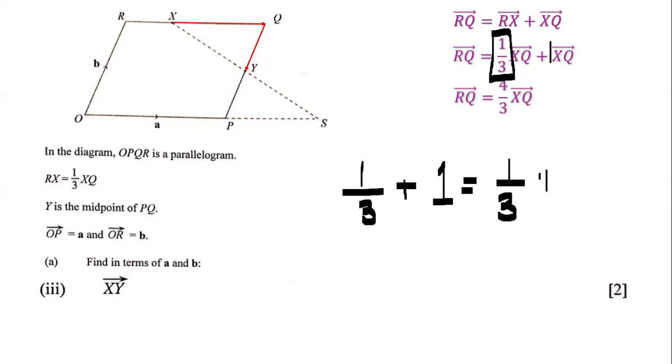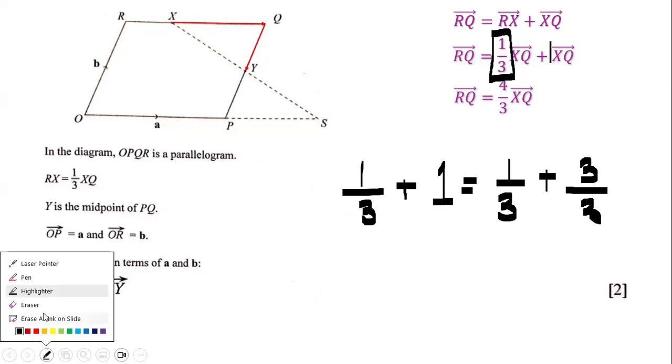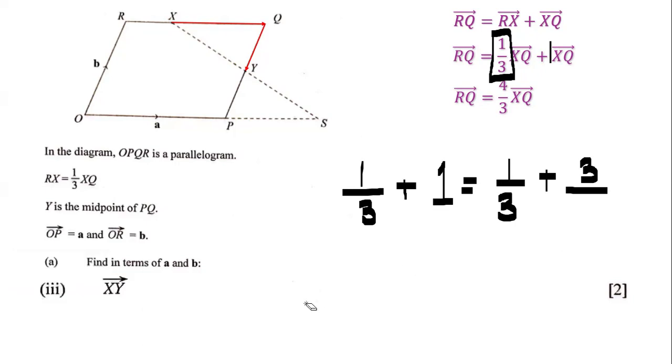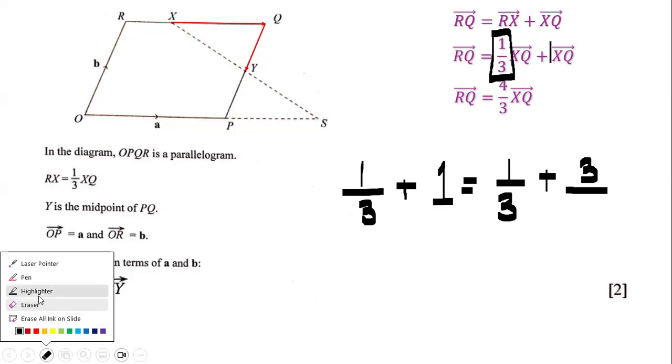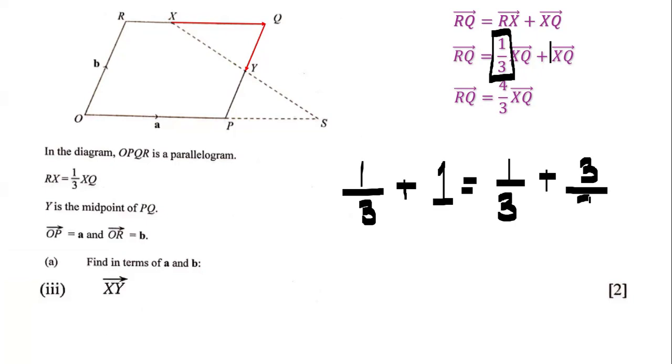We could express a whole as 3 over 3. So we have 1 over 3 plus a whole, and that equals 1 over 3 plus 3 over 3.